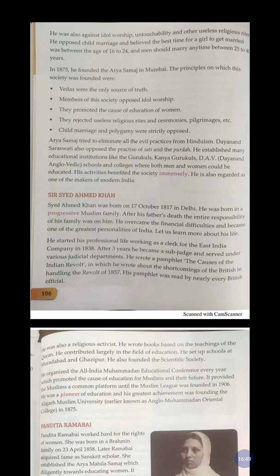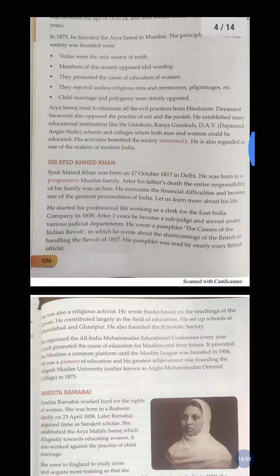Now let us learn more about his life. He started his professional life working as a clerk for the East India Company in 1838. Students, Sir Syed Ahmad Khan started his professional life in the post of clerk. In which company? In the East India Company.